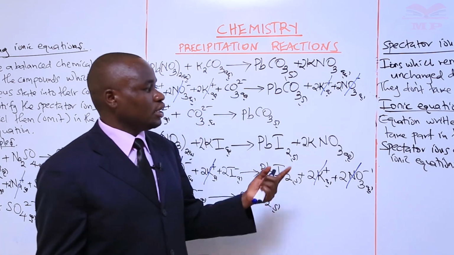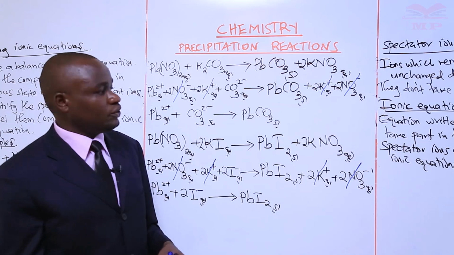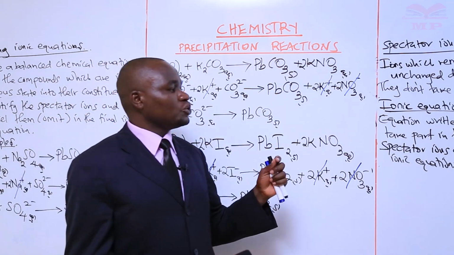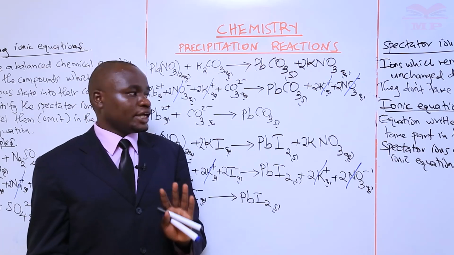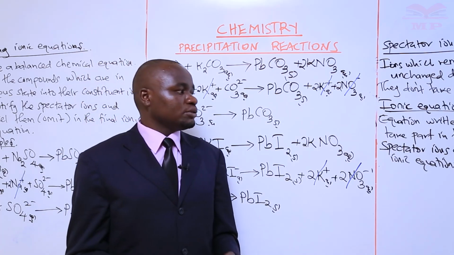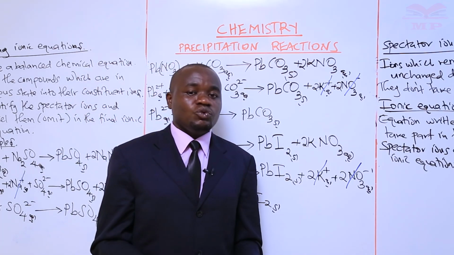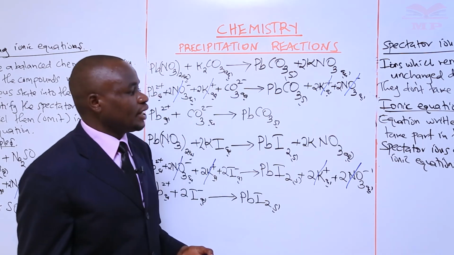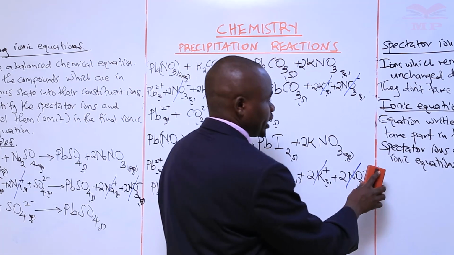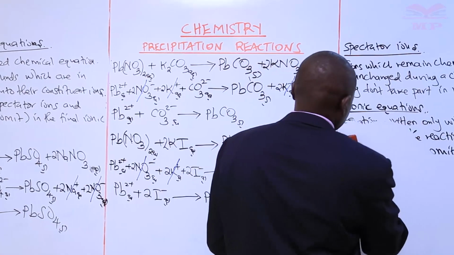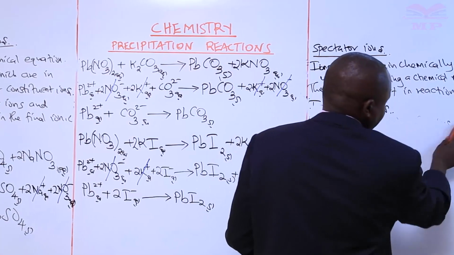Then from there, we have been able to learn how to write ionic equations. We have said ionic equations are equations that are taking part in the reaction. Those which don't take part in the reaction, we call them spectator ions. So having said that, I would like you to try the following questions.